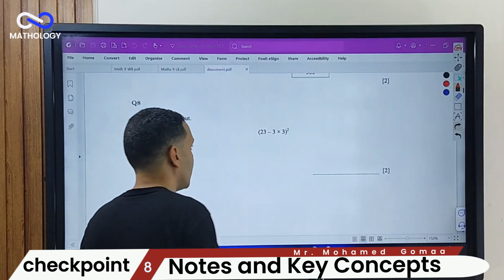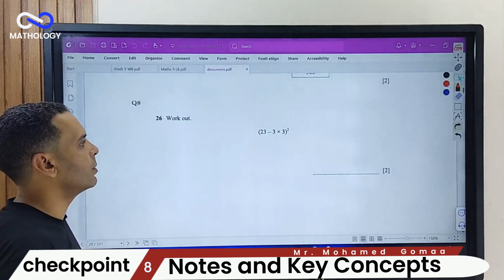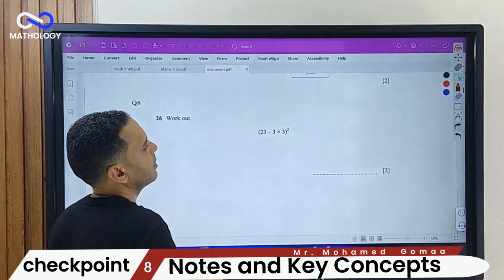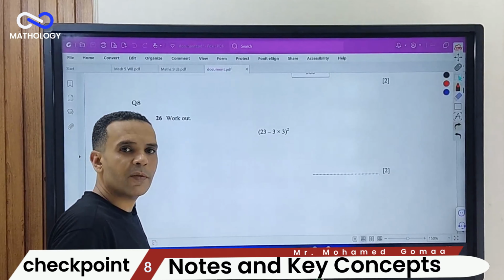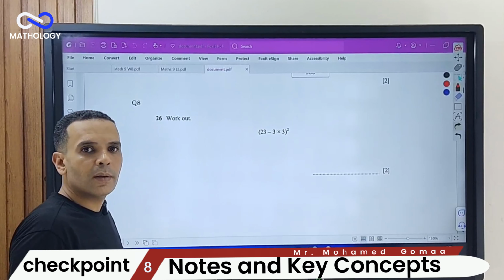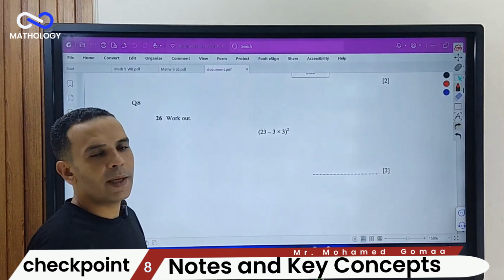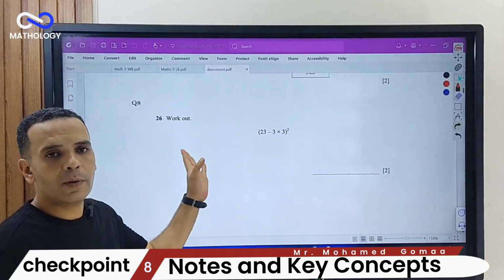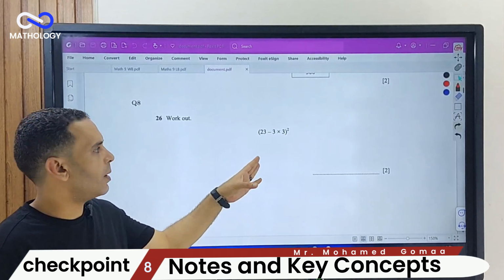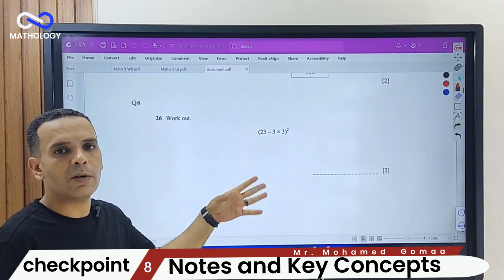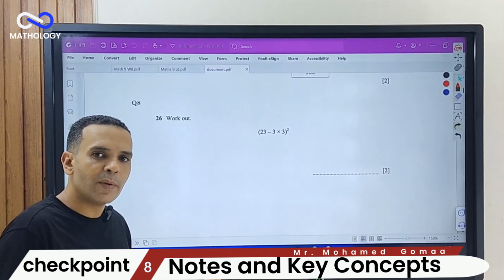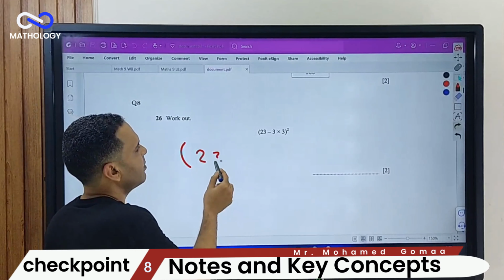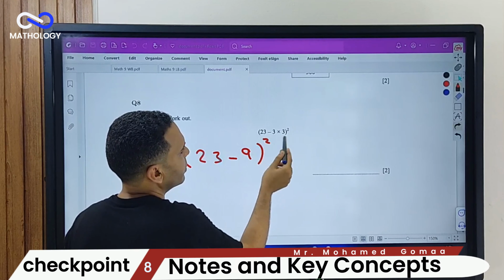23 minus 3 multiply 3, all power 2. Perform the operation inside the bracket. We perform the multiplication before the subtraction. Always perform the operation of multiplication and division before the addition and subtraction. 23 minus 9 to power 2.